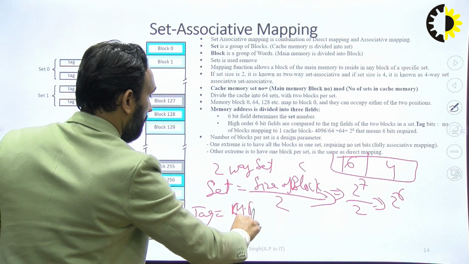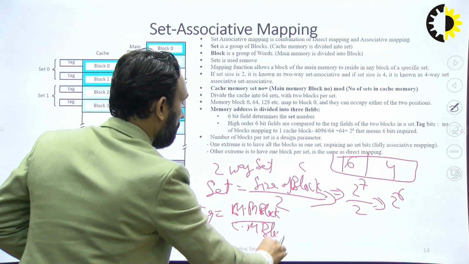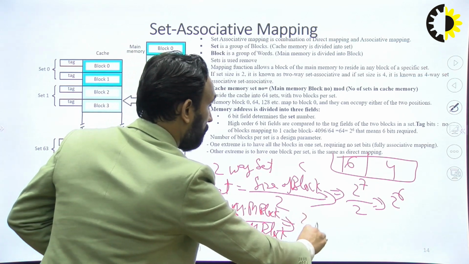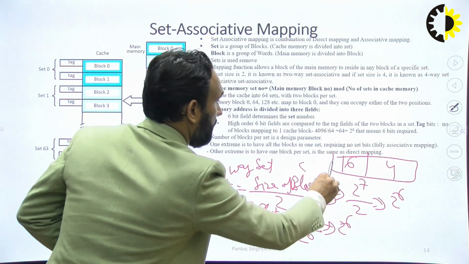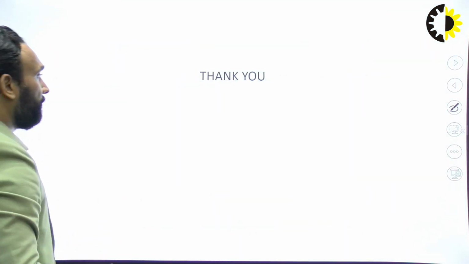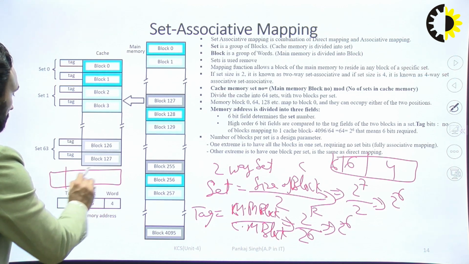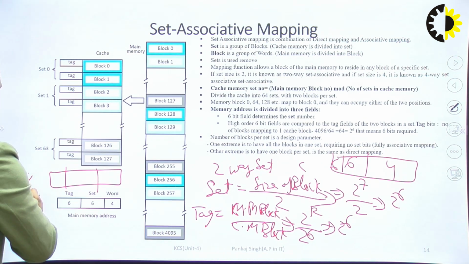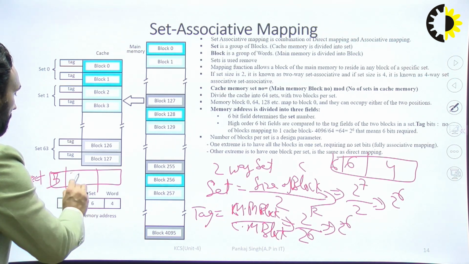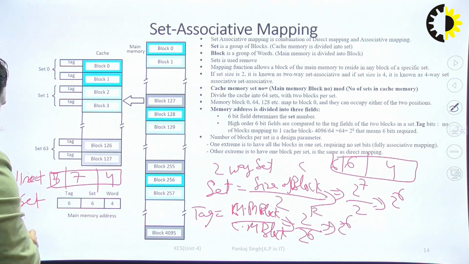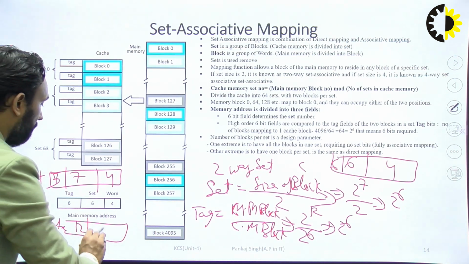Main memory blocks divided by cache memory blocks, that will be 2 to the power 12 divided by 2 to the power 6, that is 2 to the power 6. So it is the basic difference between these three methods. In direct mapping, it is 5, 7, 4. In associative, it is 12, 4.